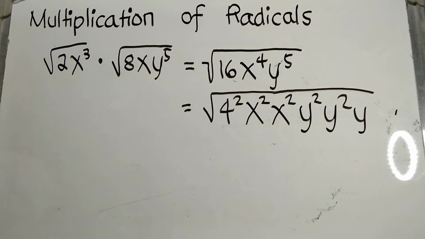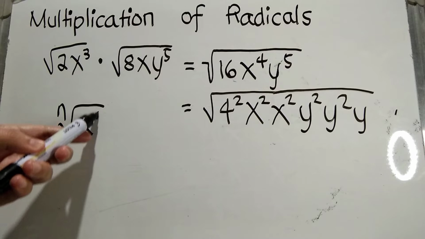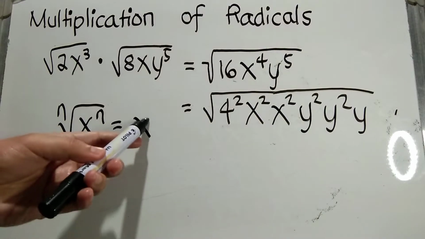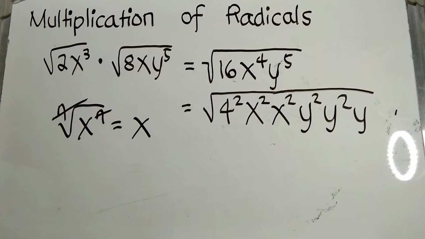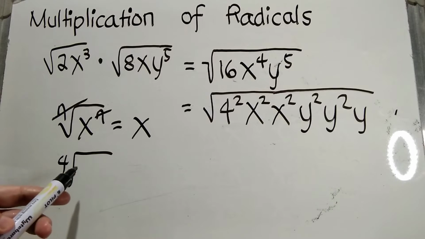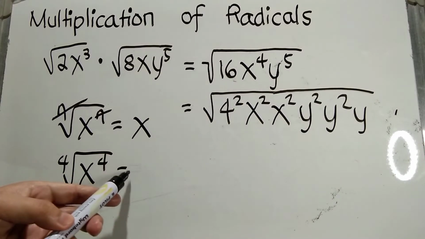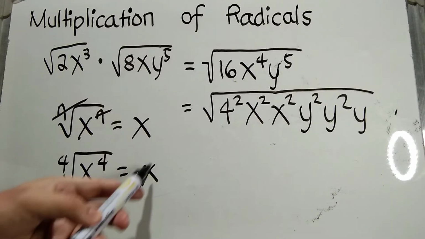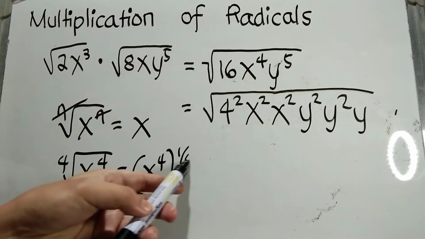Because according to one of the rules in radicals, if you have the nth root of x raised to the power of n, then this is equal to x, meaning you can cancel the nth root and an exponent of n. For example, if I have here the fourth root of x raised to the power of 4, then it means that this radicand x to the fourth is raised to the power of 1 over 4.